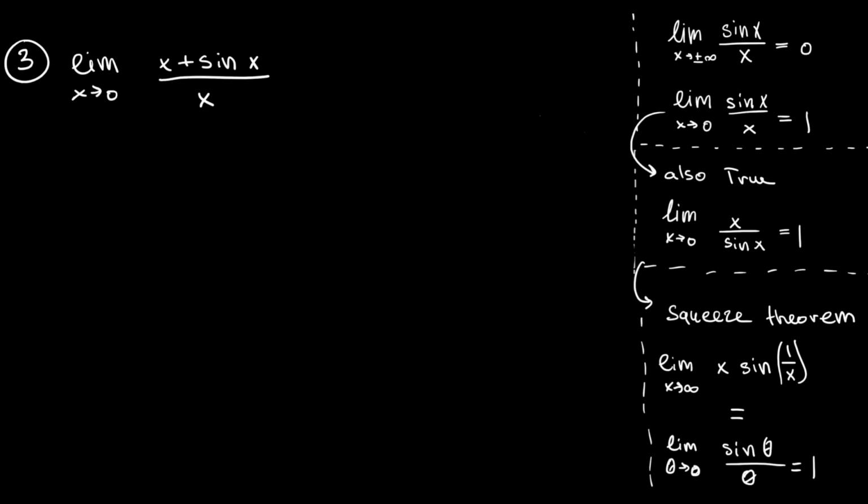Again, we know that the limit as x approaches 0 of sine of x over x is 1. So how can we rewrite this limit in such a way that we get to this form? Well, what we have to do is really get rid of this x.